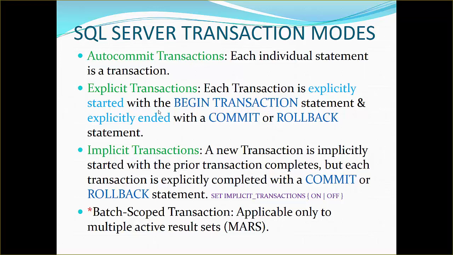You're explicitly starting the transaction, taking control from the database server, taking control of how the transaction would work. So if you begin a transaction, you must make sure you commit it or roll it back. Else, you risk holding on to resources that other people are expecting to use.